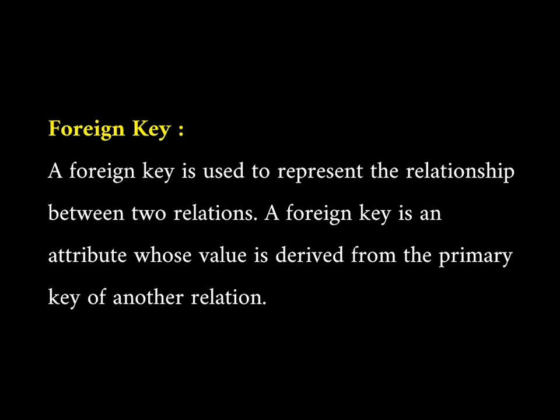So these are the different types of keys: candidate keys, primary key, composite primary key, foreign key. All these keys are required when we create a relational database between two tables. As well as the terminologies in the relational data model we have learned, that is attribute. What is an attribute?